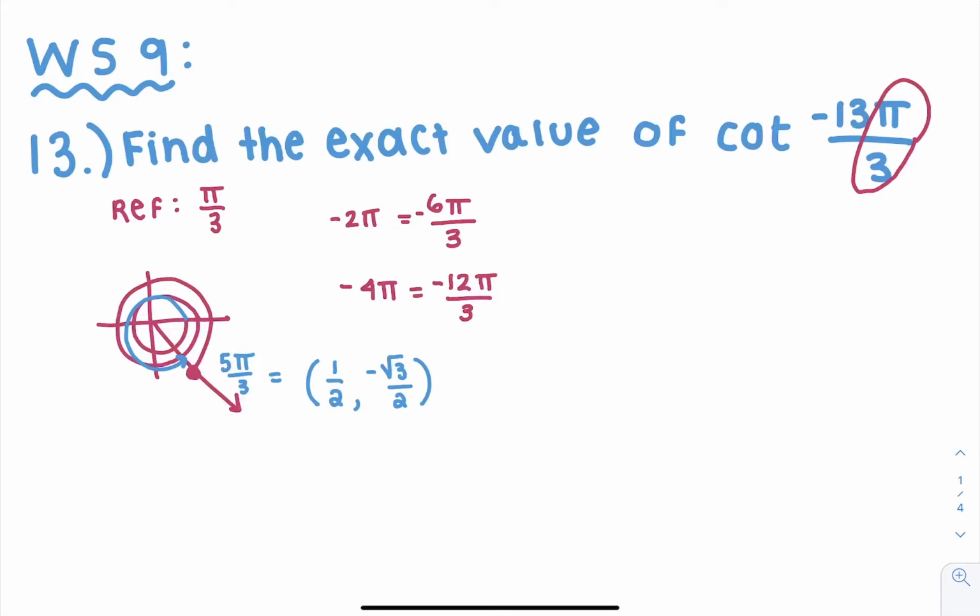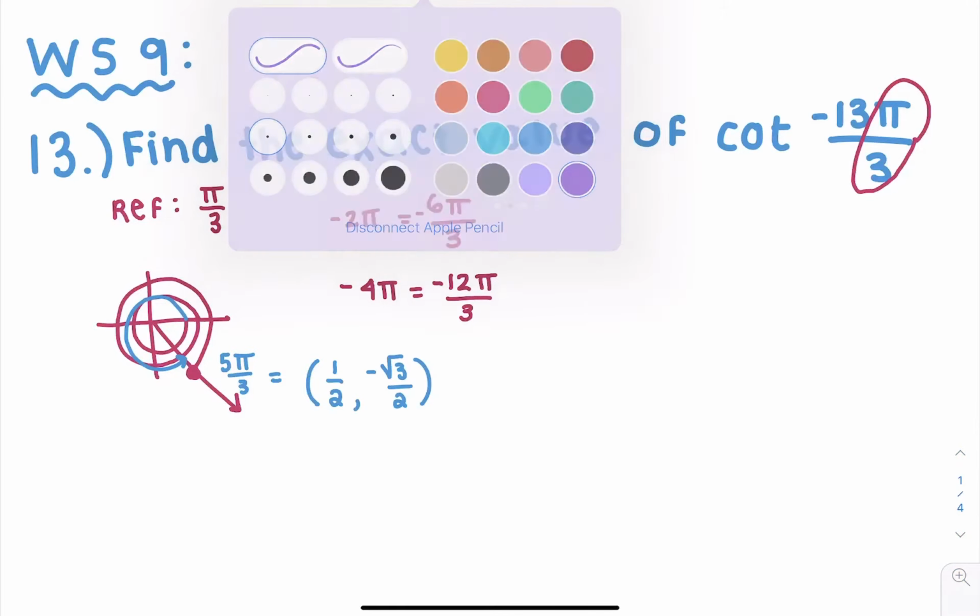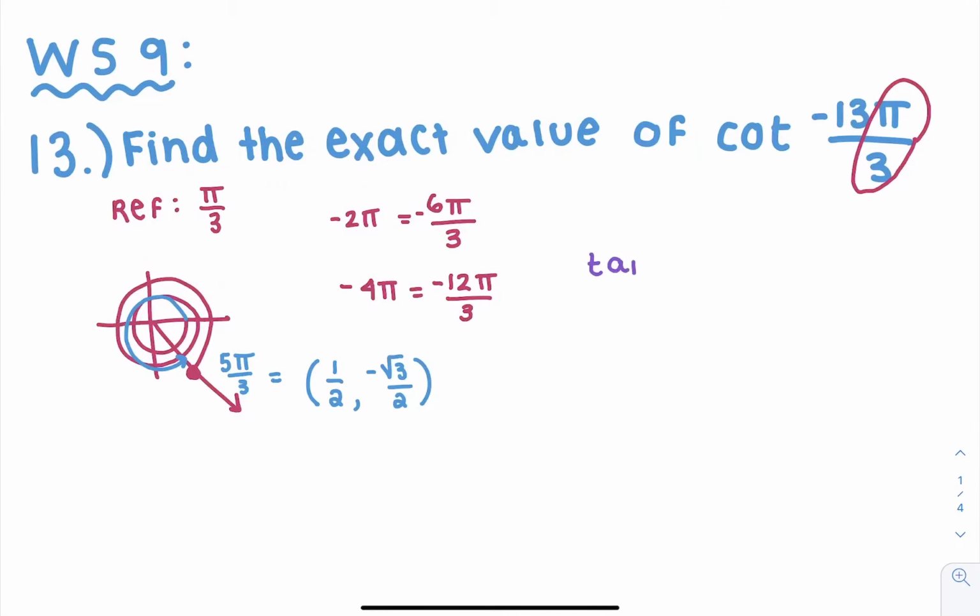Now, if we are thinking in terms of radians, we need to figure out, first off, tangent of pi over 3. So to do that, we're going to go to our chart and look up what tangent of pi over 3 is.